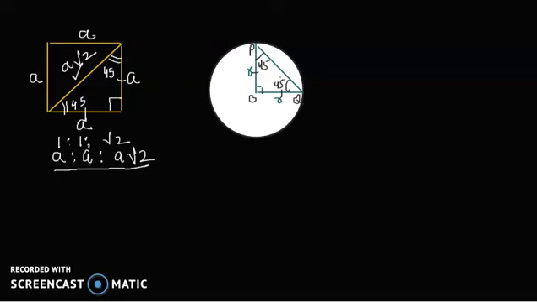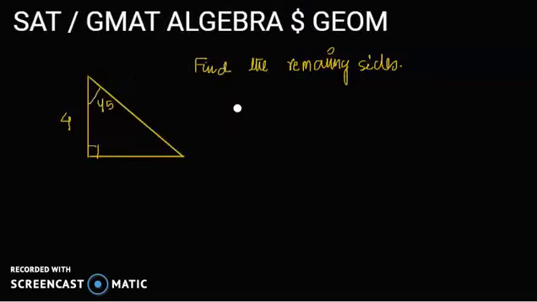Now let's take a look at a few questions. Our first question is, find the remaining sides. You are given this. So this is 90 as I told you earlier, and this is given 45, so this has to be 45. Now the sides are in the ratio 1:1:√2. So just write 1:1:√2, and the side facing 1 is 4.